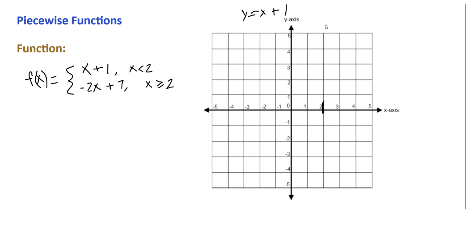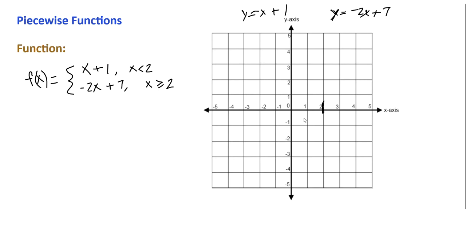Excuse my handwriting a little bit over there. And then on the other part, for x is greater than or equal to 2, I'm going to be graphing y equals negative 2x plus 7. This is a y here. Okay, so I'm graphing a line over here somehow, but then that line's going to stop when I get to 2. Then I'm going to graph my other line over here.